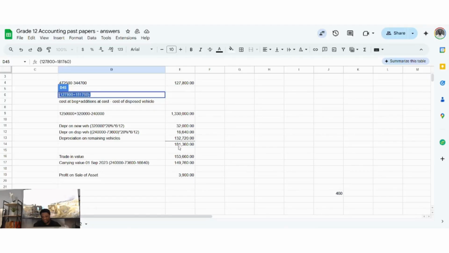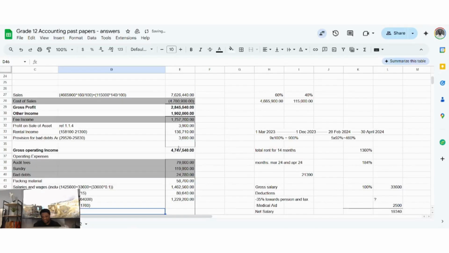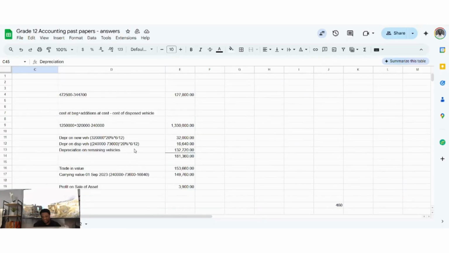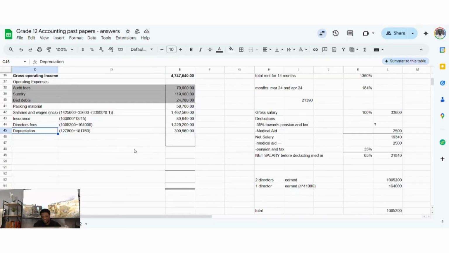In this case you can even just reference the depreciation amount to question 1.1 and 1.3, I think. So that's what you get for depreciation, 309,560. And let's see, so yes, I think I said 760 here instead of 360, sorry. Oh, and then you have to do it here.